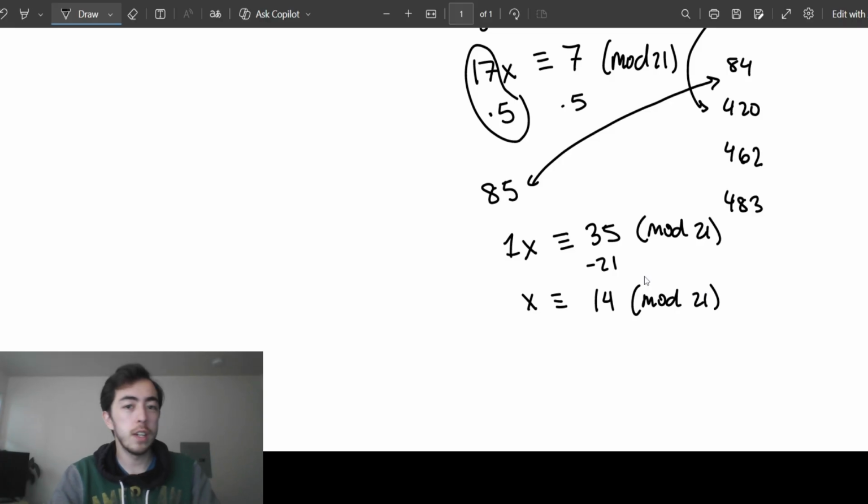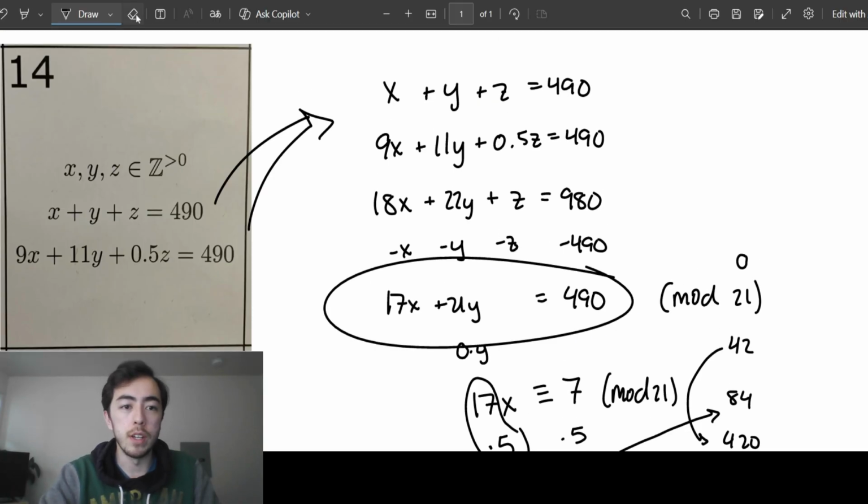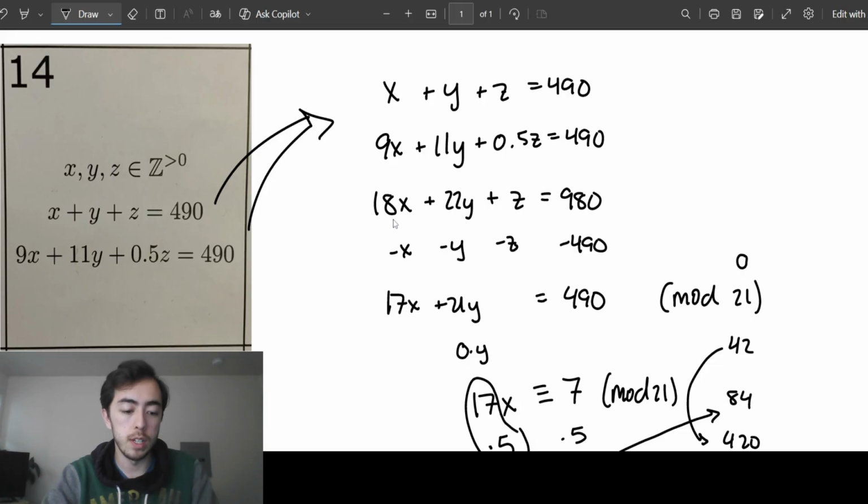And this essentially is my answer, but we should go back and double check and see what happens to all the other numbers. So let's see what happens if x is equal to 14. Well, we could try this equation right here, and I'm just going to use a calculator for this one, so I don't really need to worry about the arithmetic in my head. If x is supposed to be 14, then multiplying it by 17 gives me 238.